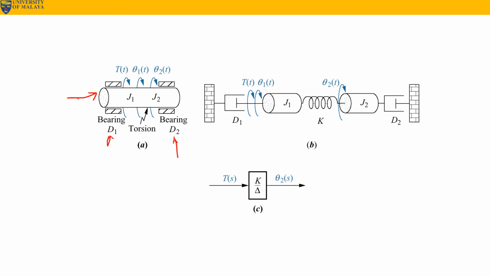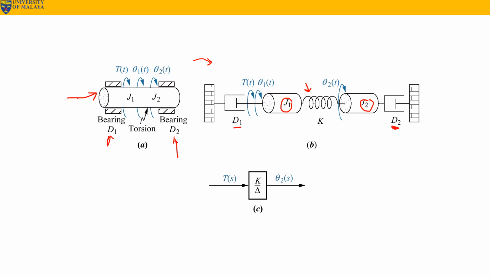This system can be approximated as shown in figure B, where the rod is approximated as having two inertial bodies, J1 and J2, and connecting J1 and J2 is a torsional spring with a spring constant K. At both ends of the rod we have two dampers: damper D1 with a coefficient of D1, and another damper at the other end with a damping coefficient of D2.